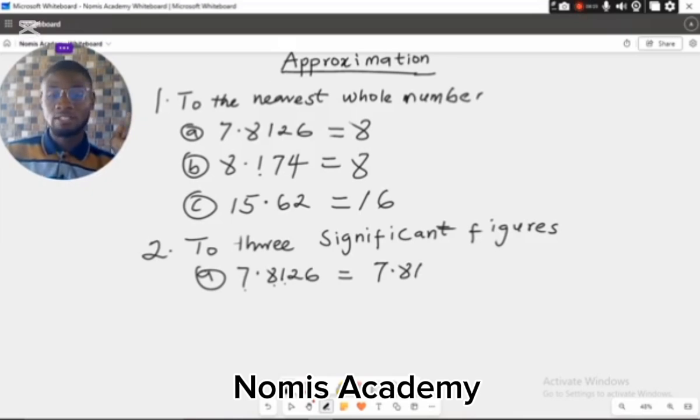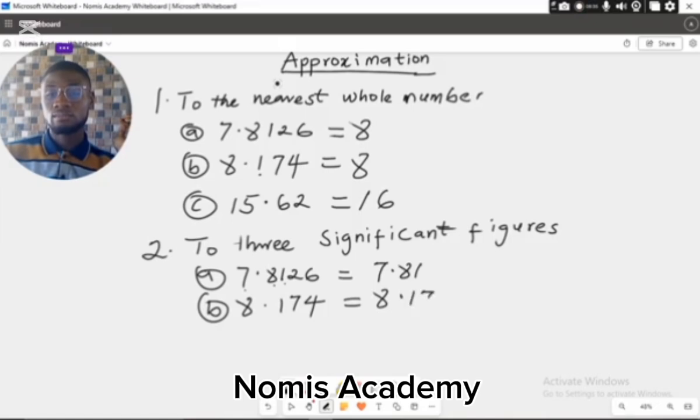Let's take option B, 8.174. Three significant figures, 8.17. Since 4 is not up to 5, I will take 8.17.